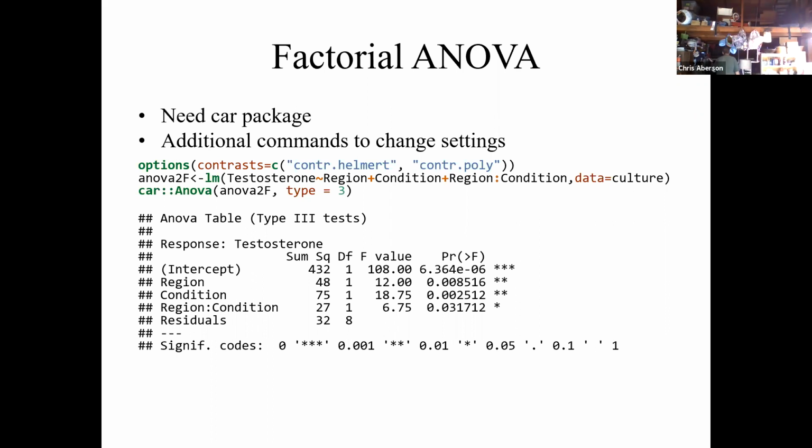There's 4 different types of sums of squares. It's not really important what each of them does, but the important piece here is that it's type 3 that we want, but it's not type 3 that R has as a default. When we use type 3, we get all of those same values that we calculated. We see we get an F value and our probability values, just like we calculated by hand.